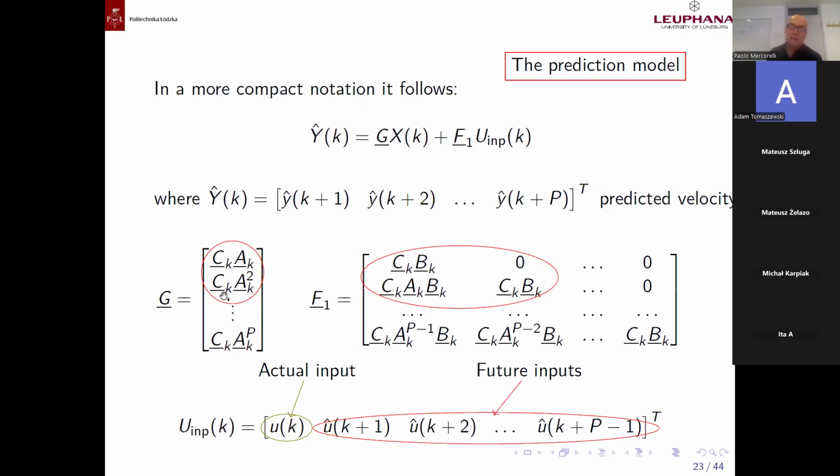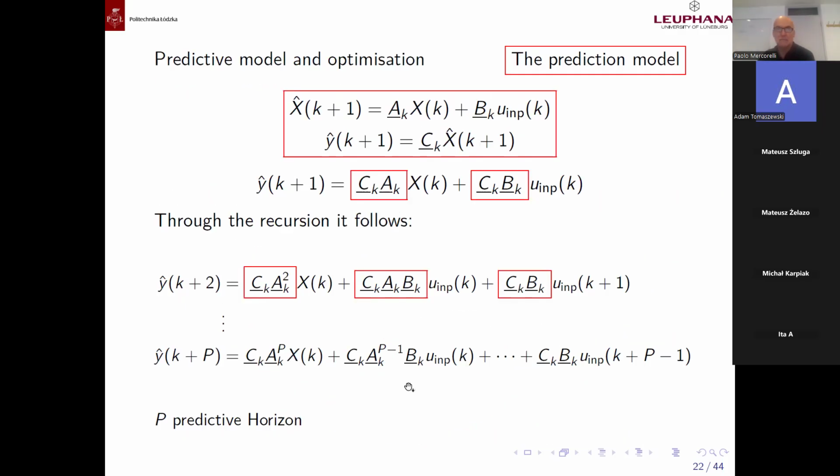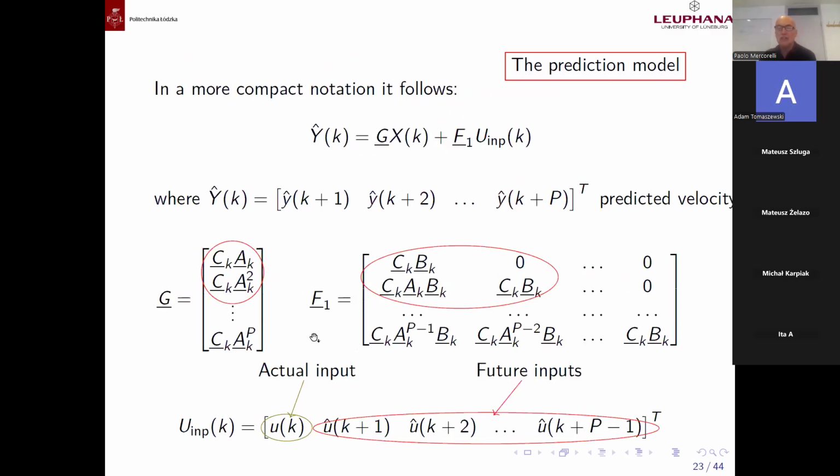This is a more compact form of what we have at the beginning of this information, in which G consists of this matrix here, which multiplies the state X, and F1 is this matrix here, which multiplies everything connected with inputs. U input of k, U capitalized, is this vector here.